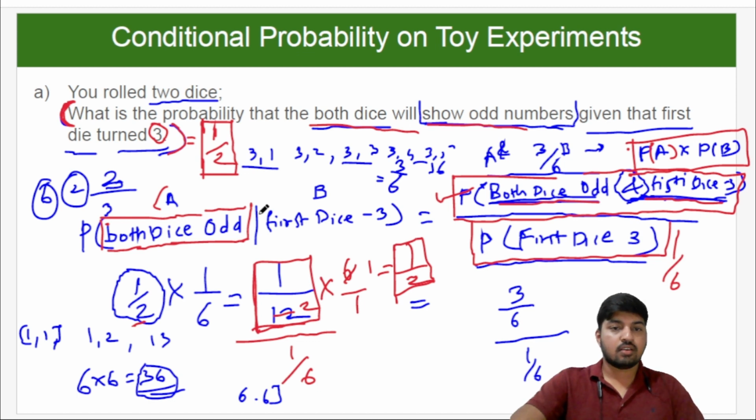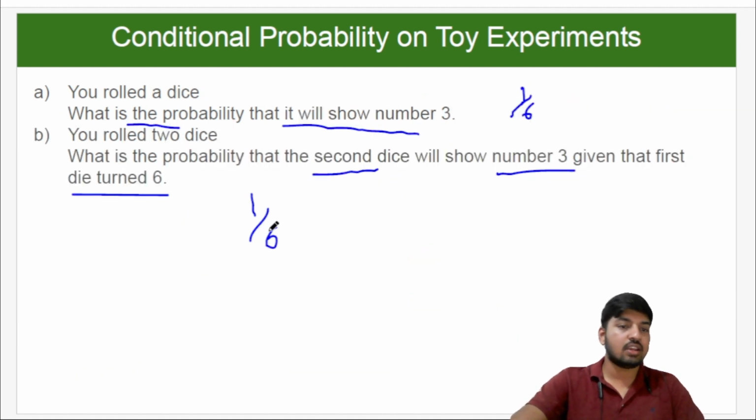I know that this event is 3. What is the probability that both will have odd numbers? For that 1 by 2, this is the method we have done, that is correct.